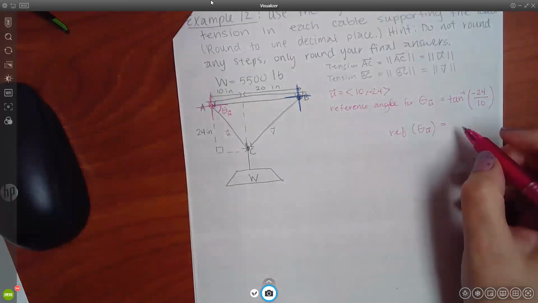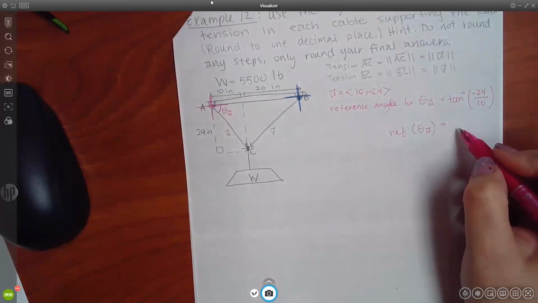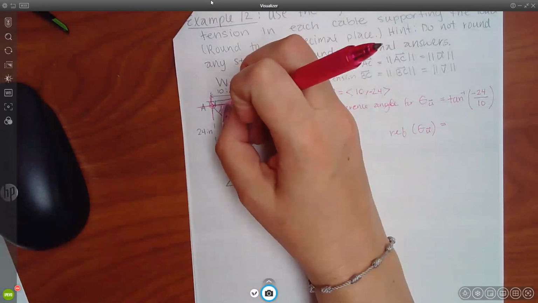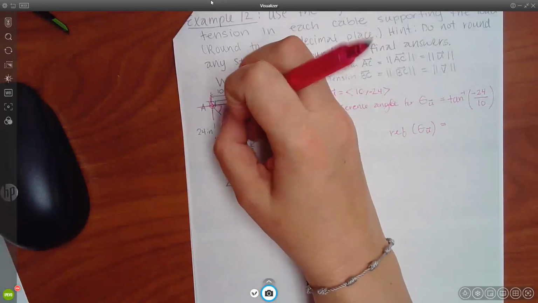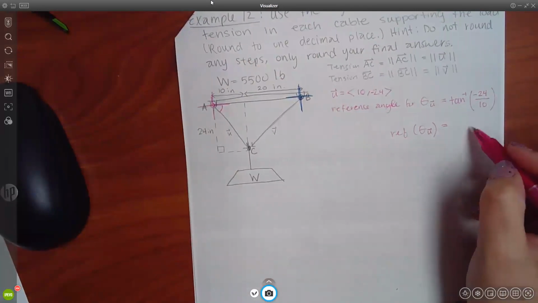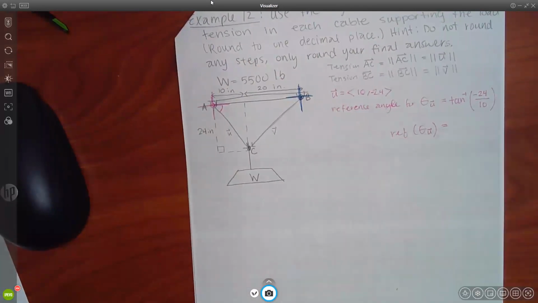I should not write that. I'm just going to leave it alone. I'll explain in a second. I'm not going to label that guy, okay? When I type this in my calculator, let's see what I get. Negative 24 divided by 10 is negative 2.4. And then I'm going to take the tan inverse of that.